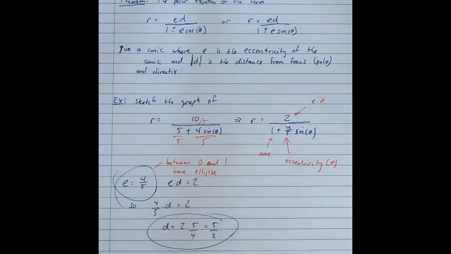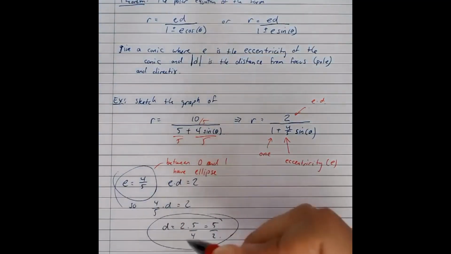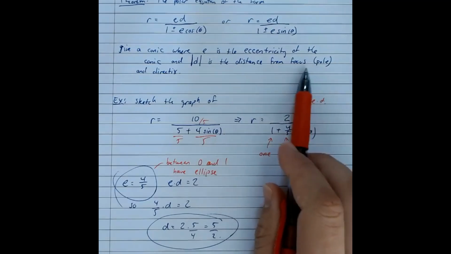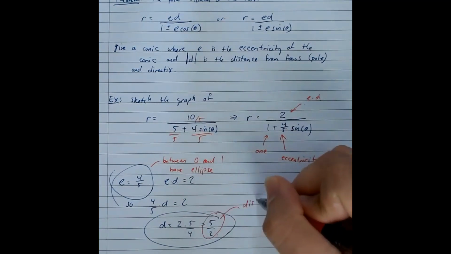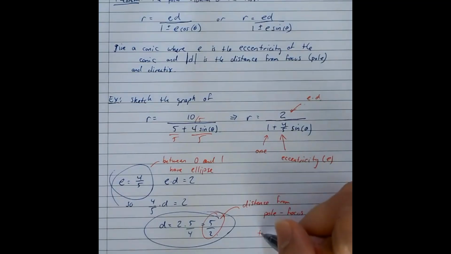So even before we start graphing any points, that number tells us we have an ellipse. Remember, d tells you the distance from the focus, which is going to be at the pole, to the directrix.